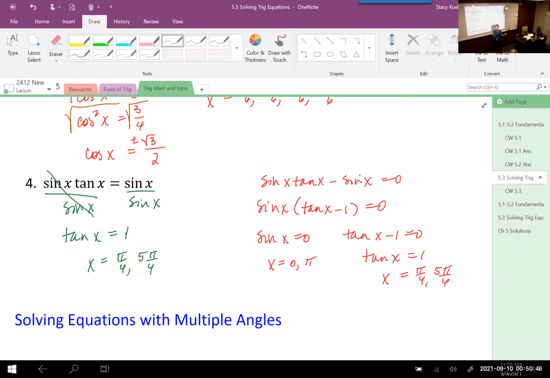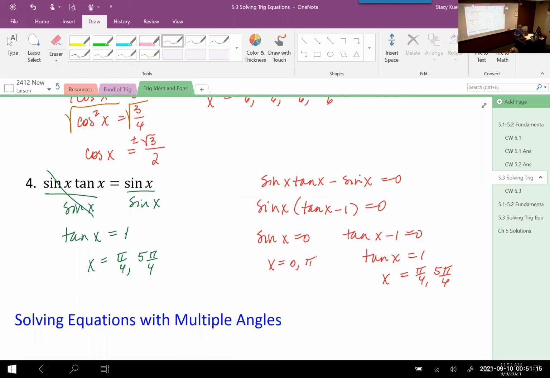I could get them on the same side, set them equal to 0, and then factor. So why do we pull sine x out by itself, like they're technically together, right? So why would they be split apart? What do you mean here? No, the middle section. Yeah, I factored sine out of the two terms. So you treat them separate? Other questions?